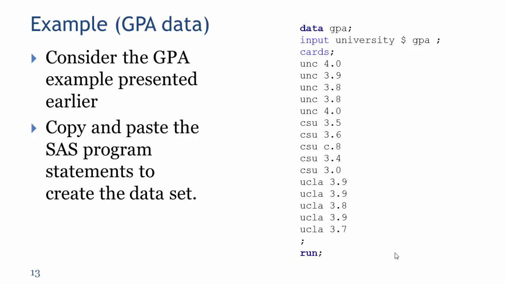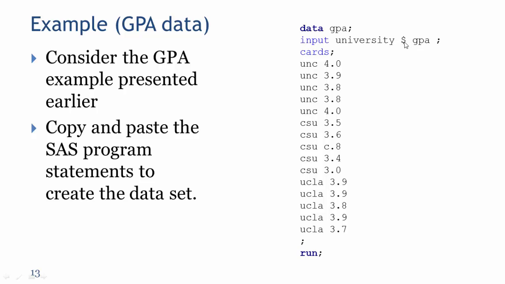Now let's take an example of the GPA data. Okay, so we have a small data set that we have introduced before. Now we are creating a SAS data set by this data statement, and we are calling the data set GPA. We have two variables in this data set. One is the university, which is a categorical variable.